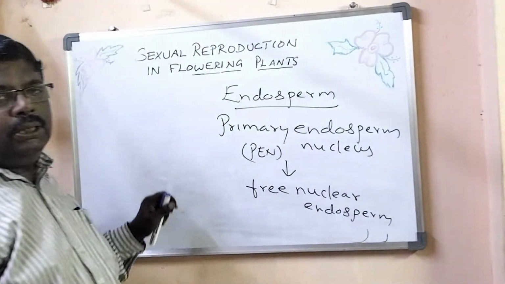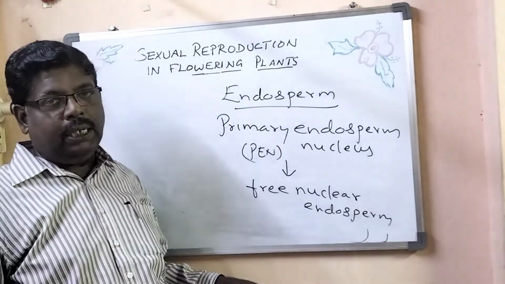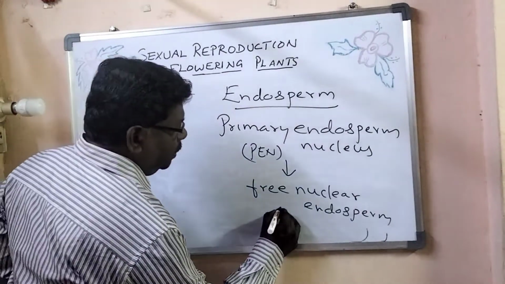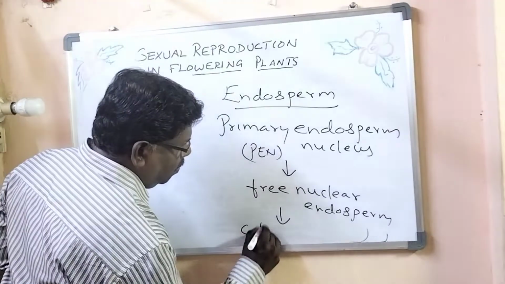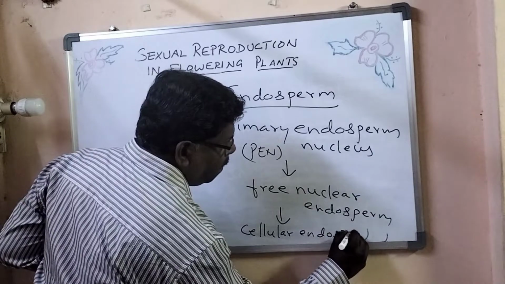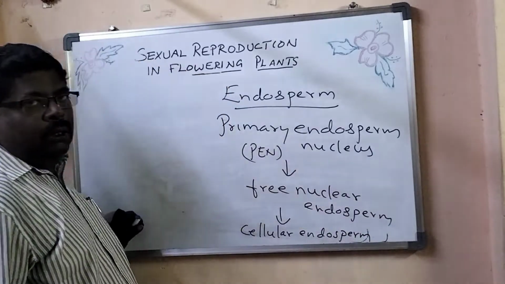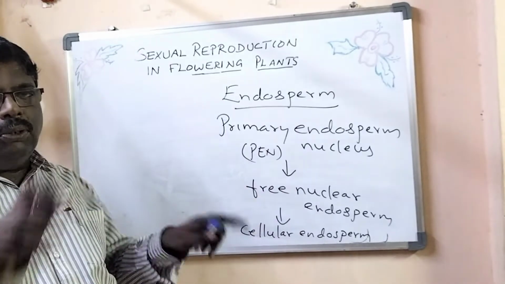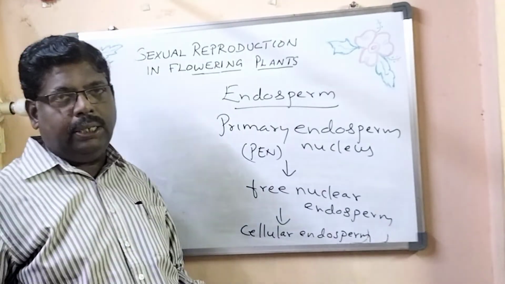As many nuclei as will be there, it will be free nuclear endosperm. That later on will become cellular endosperm. So initially free nuclear endosperm without any cross walls. Later on cross walls will be formed and it will become cellular endosperm.